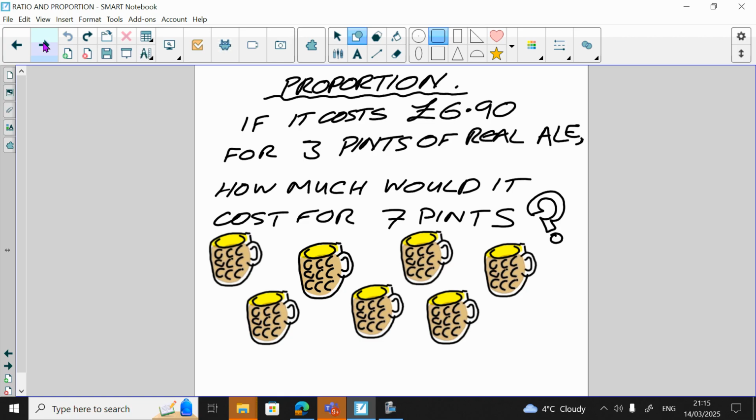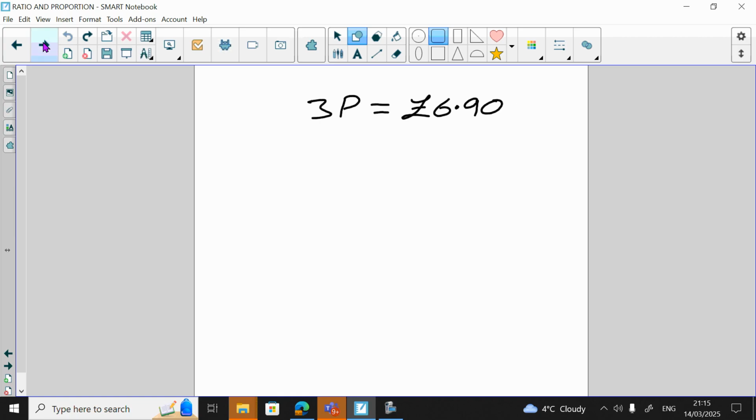Again, there's various ways to think about this. So I'm using P for pints or portions, whatever, is £6.90. That was the initial information. So let's see if we could break it down to 1 unit. How much would 1 unit cost? £2.30.